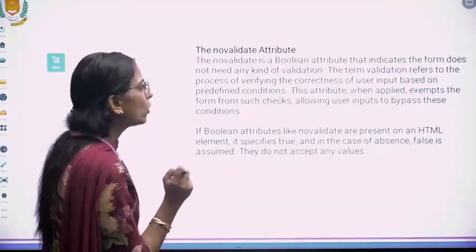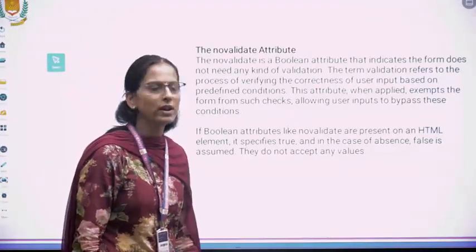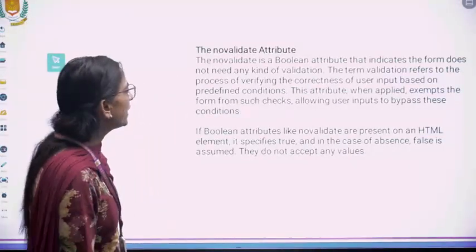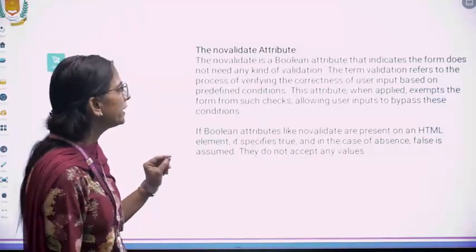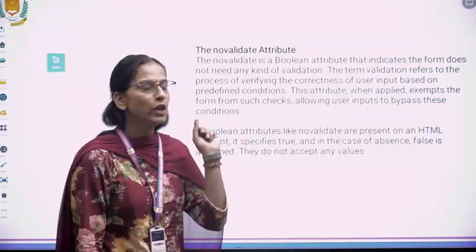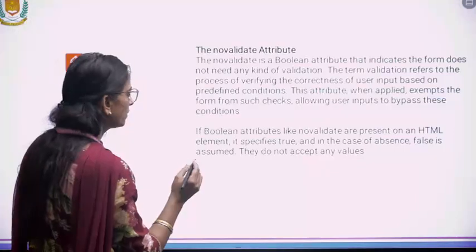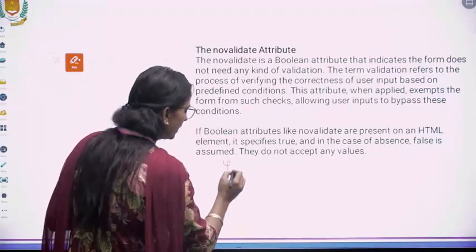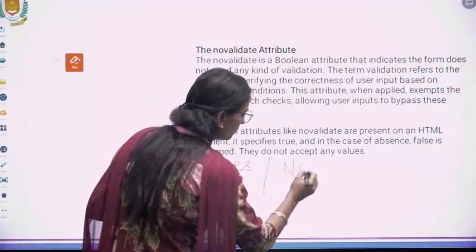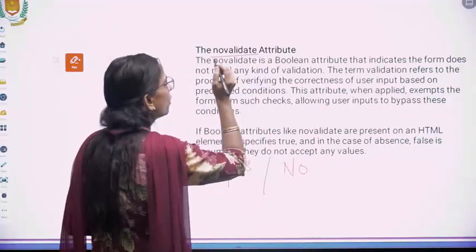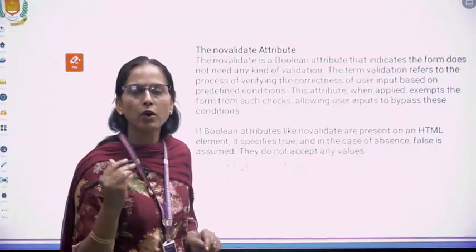Then we have the novalidate rule. We have discussed the novalidate attribute. The novalidate is a Boolean attribute that indicates the form does not need any kind of validation. What does Boolean attribute mean? A Boolean attribute means it will take two values, yes or no. Novalidate automatically means no validation rule is applicable on it.